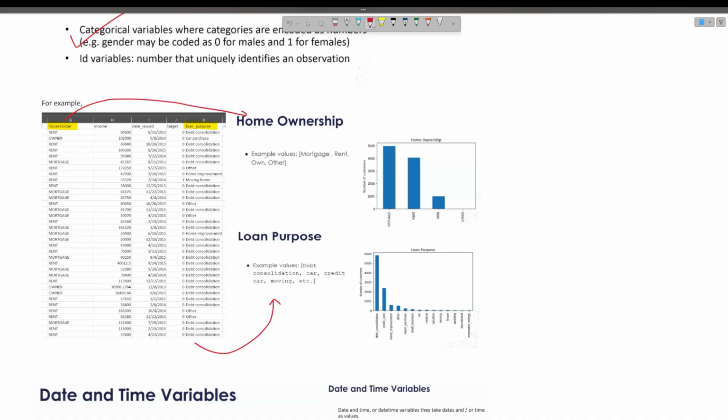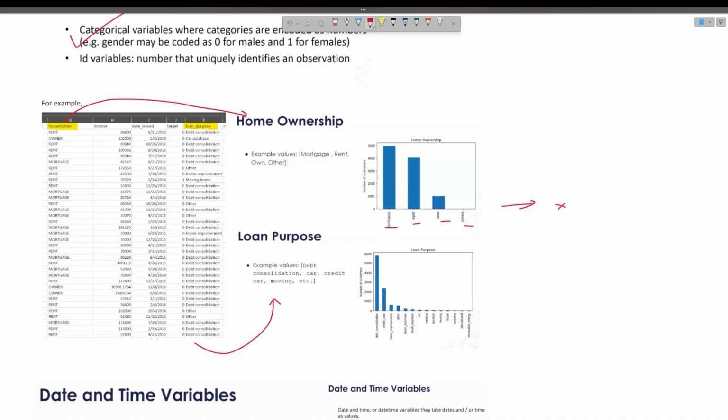If you put mortgage, rent, owner, or other on the x-axis, and the number of customers, which is from another column, on the y-axis, we can have this kind of discrete look.